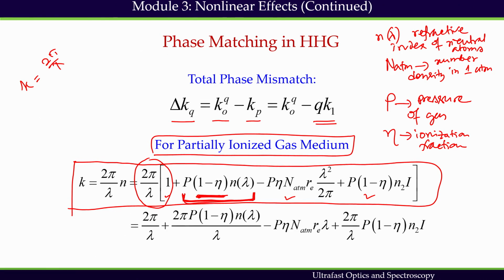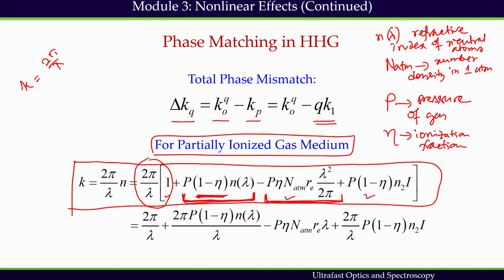The third term is the plasma dispersion. Plasma is the fourth state of matter. It's a combination of electrons, ions, neutrals, everything together. That's called plasma. So plasma dispersion is due to charged gaseous species, and that medium will have a different dispersion.